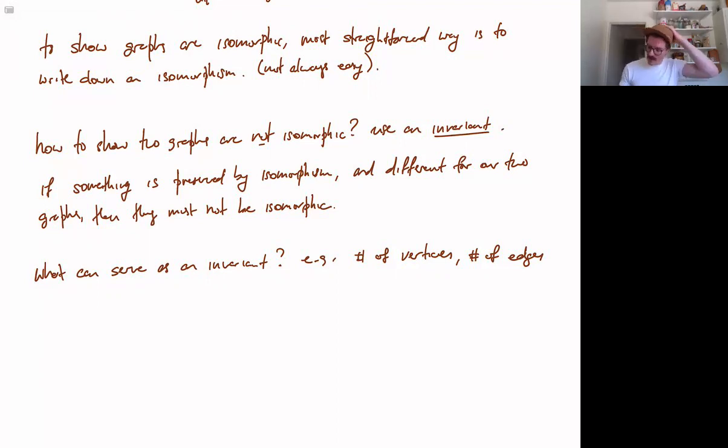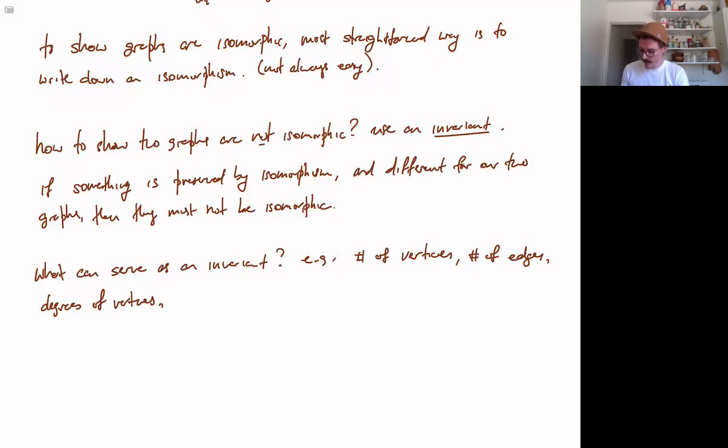But besides just the raw material of the graph like this, there are many more, slightly more subtle things that you can look at, such as degrees of vertices. So for example, if one graph has a vertex of degree 5, and the other graph has no vertex of degree 5, then they can't be isomorphic, because under an isomorphism, a vertex of degree 5 would turn into another vertex of degree 5.